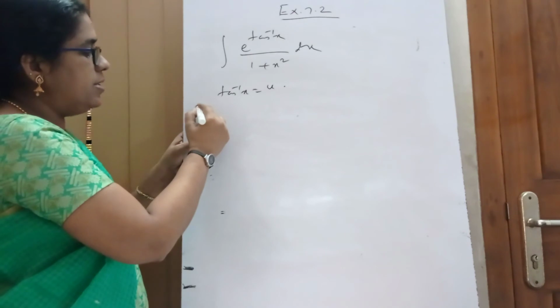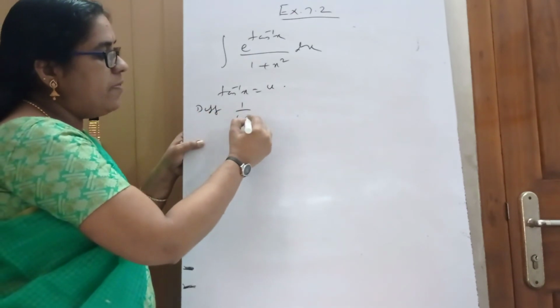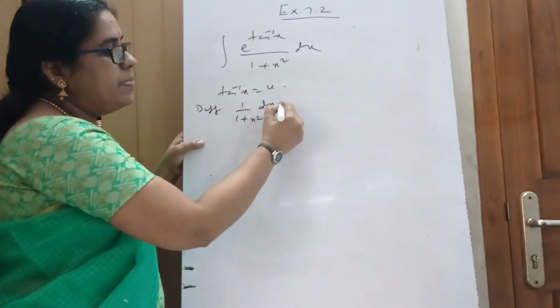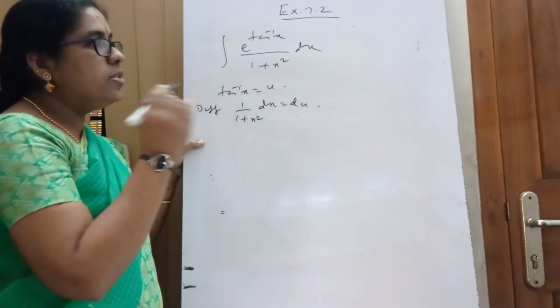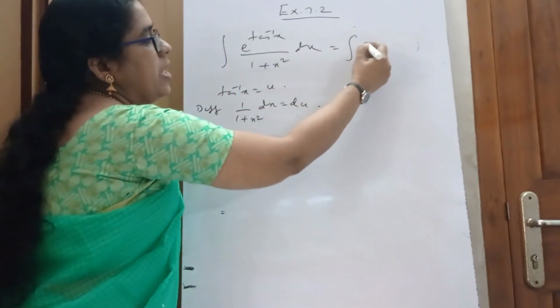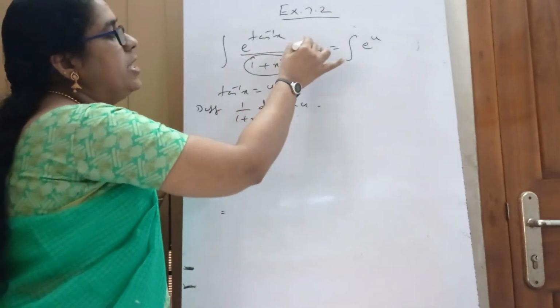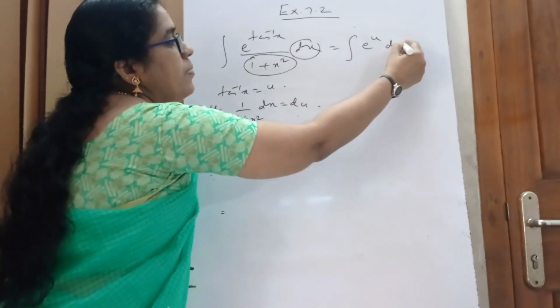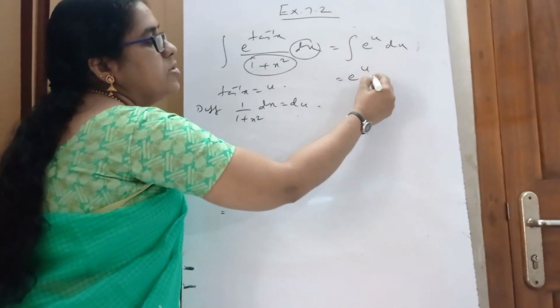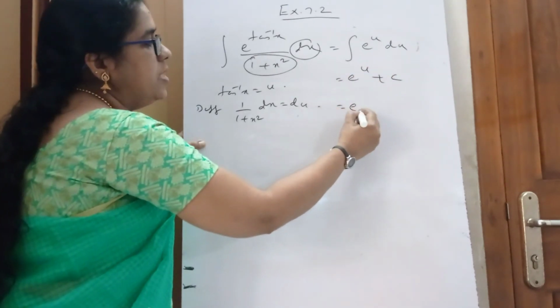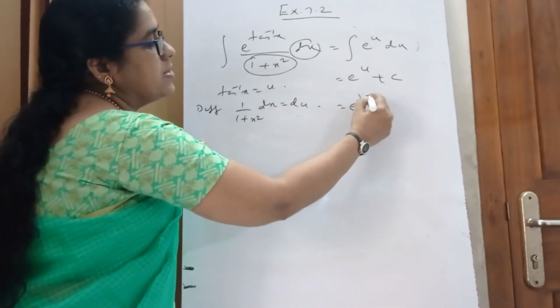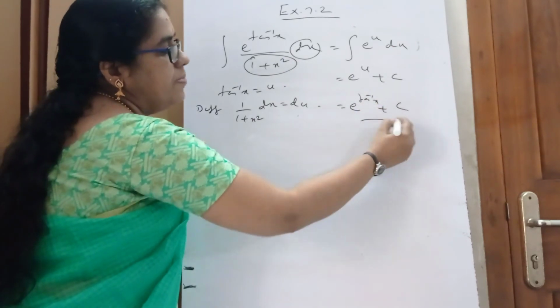If you differentiate this, we get 1 by 1 plus x square dx becomes du. Therefore, this function becomes the integral of e raised to u du. What is the integral of e raised to u? e raised to u plus c, that is, e raised to tan inverse x plus c.